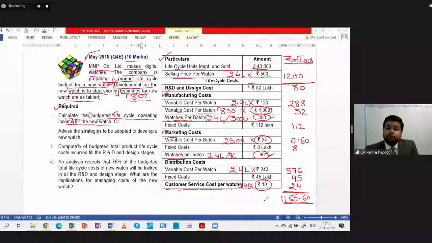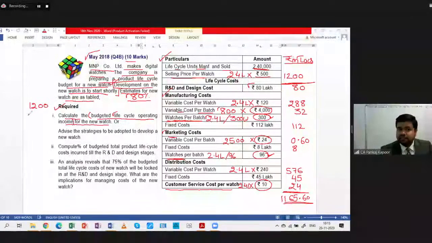Okay, friends, what was asked to us? What we need to compute? We need to compute budgeted life cycle operating income. It means we need to take the operating revenue, which is 1200 according to the budget in lakhs.